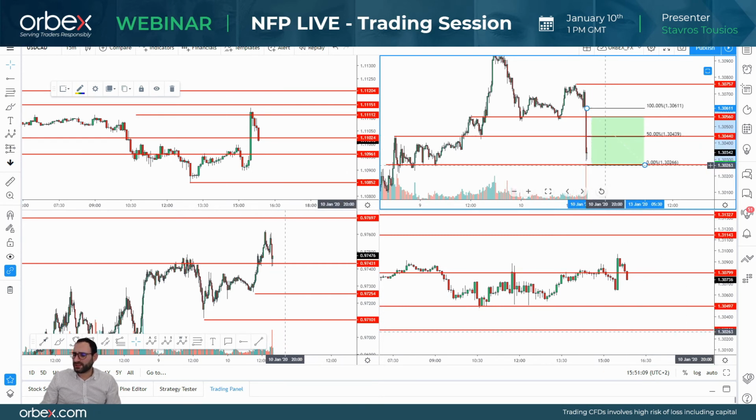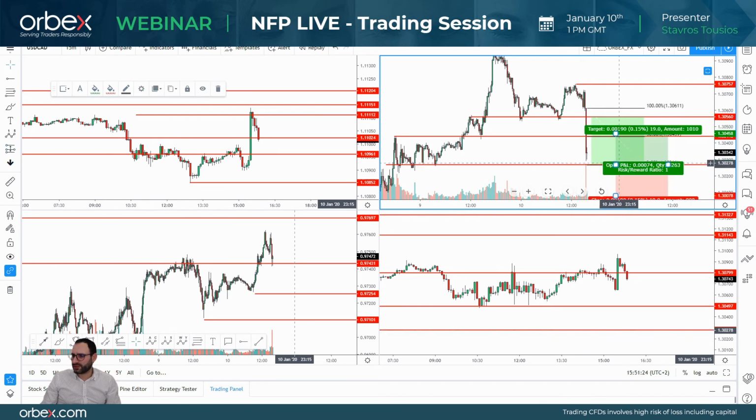Now, in this case, just going back to the trade we were looking at, we would be looking at the 50 Fibonacci retracement. So the entry price, let's go for a long in this scenario. The entry price would be over here.